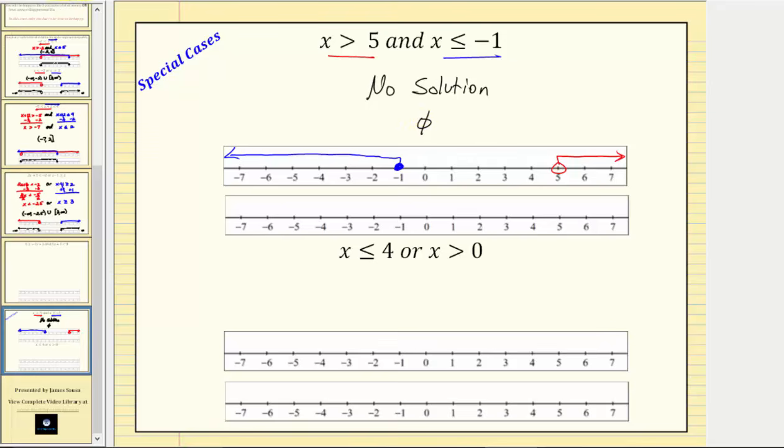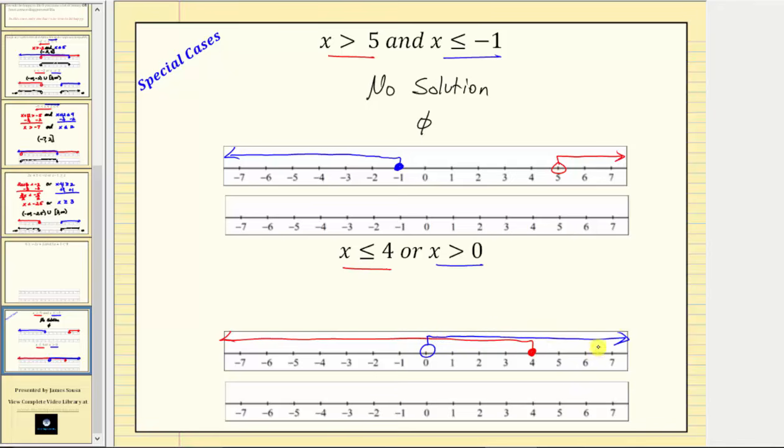And for the last example, we have x less than or equal to 4 or x greater than 0. For x less than or equal to 4, we have a closed point on 4 because 4 is in the interval, arrow to the left. And for x greater than 0, 0 is not in the interval, we have an open point on 0, arrow to the right.